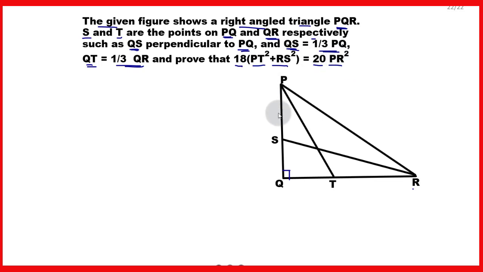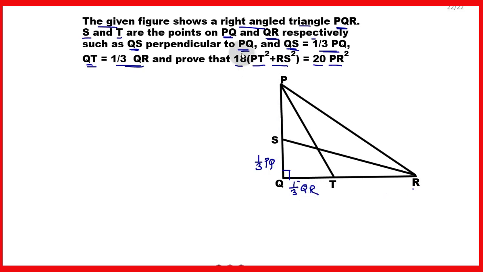Friends, here it is given that PQR is a right angle triangle right angled at Q, and S and T are the points on the sides PQ and QR, such that this QS is 1/3 of PQ, and this QT is 1/3 of QR.